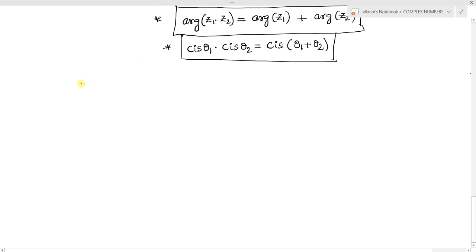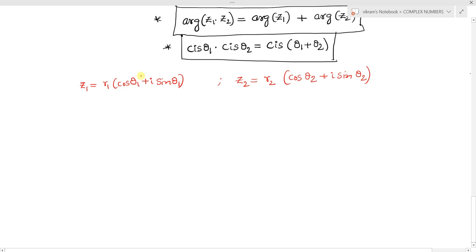Now consider again z1 equals r1 times cos theta 1 plus i times sine theta 1, and z2 equals r2 times cos theta 2 plus i times sine theta 2.